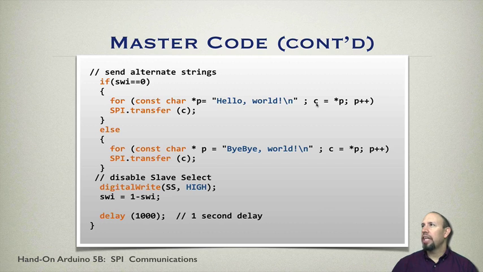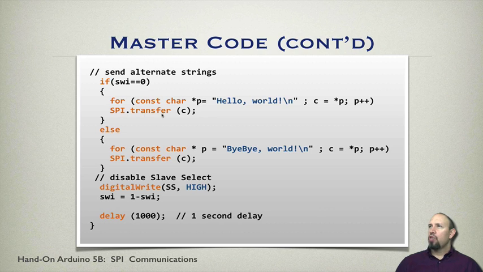What this is doing now is taking the first character at that address, and it's going to do a loop of that. Notice that this is a for loop, and this is the only thing being done in that for loop, so I don't need curly braces because this is all one line in a sense.